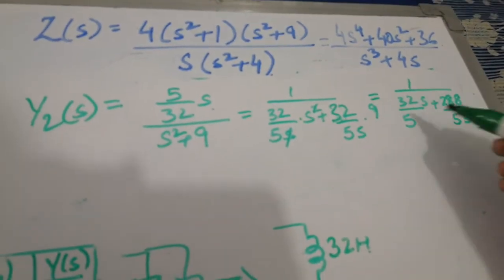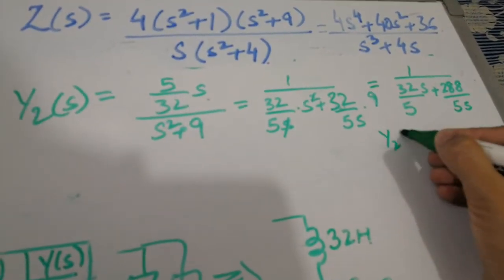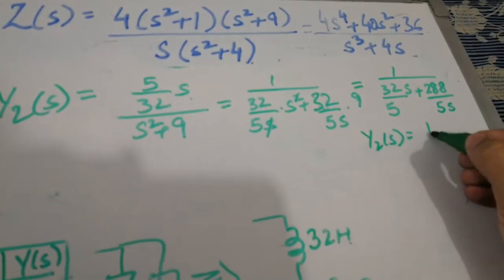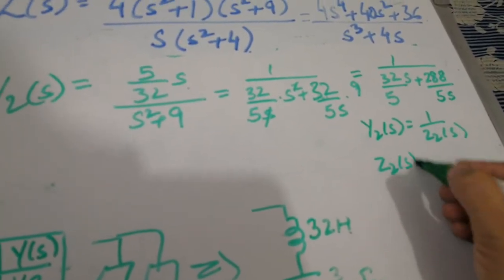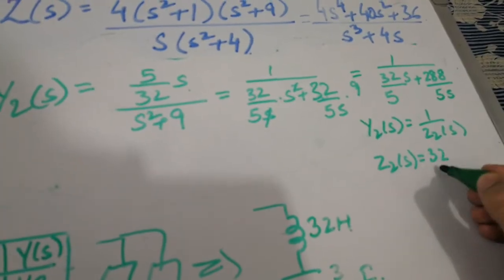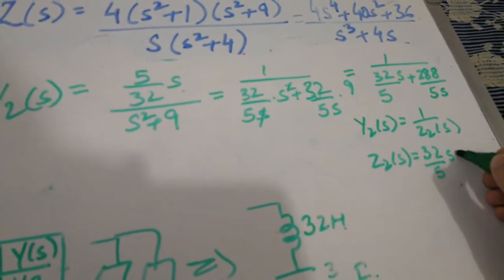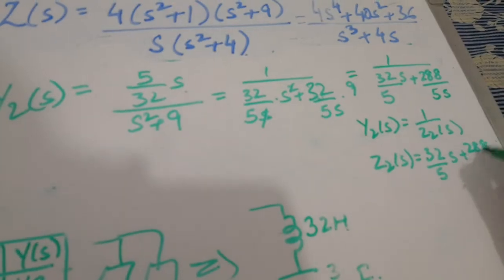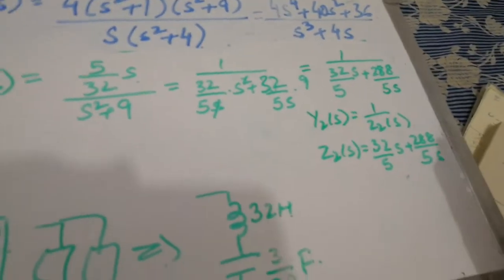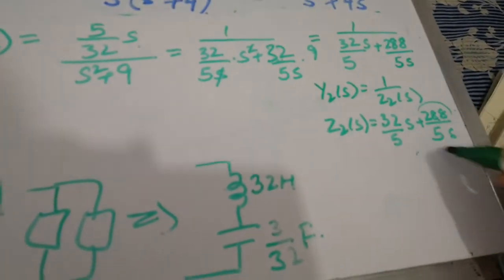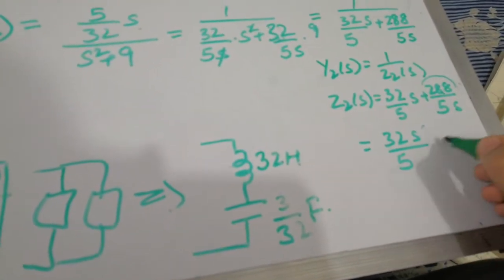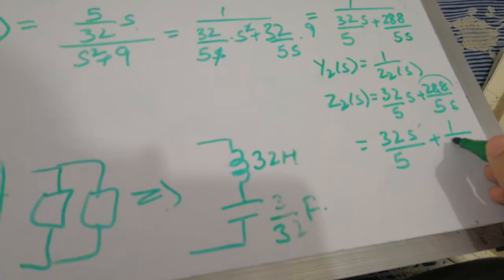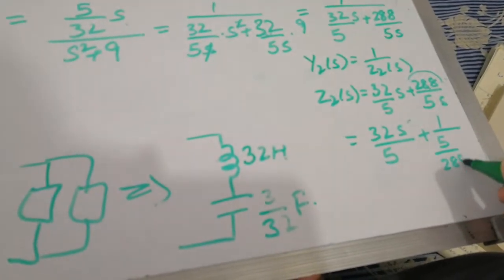Now again, y2s is equal to 1 upon z2s. That gives me z2s as 32s by 5 plus 288 upon 5s. Again taking this 288 to the denominator, that gives me 32s by 5 plus 1 upon 5 by 288s.